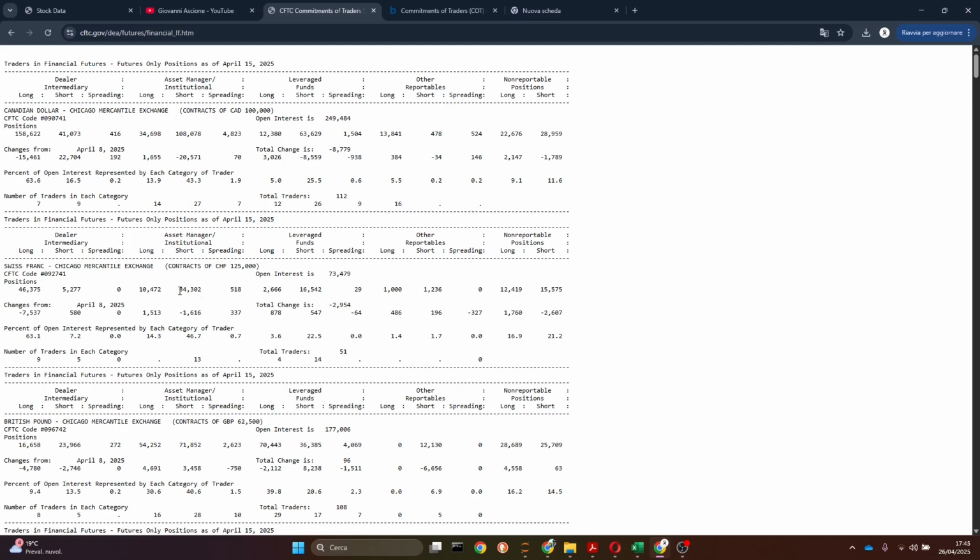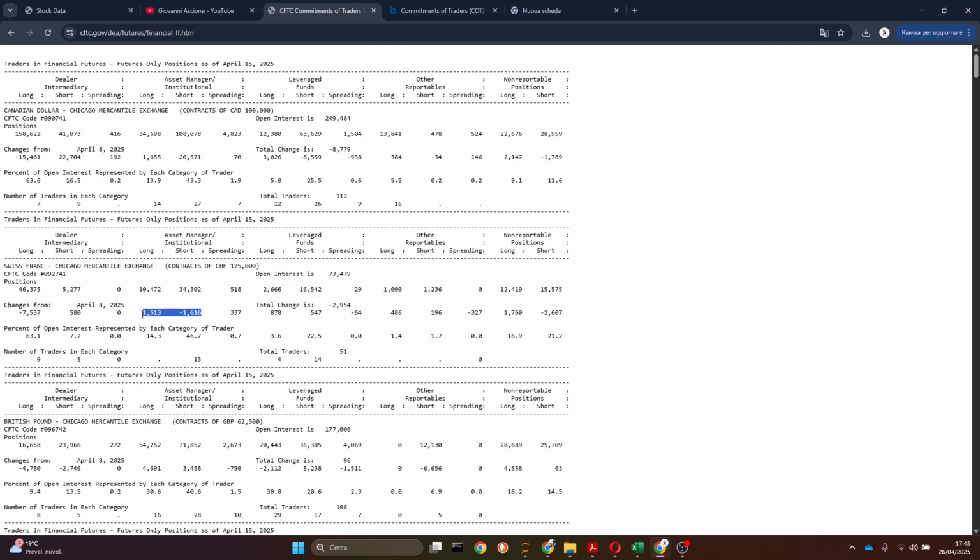Well, I think that the main number, the most important number you have to check weekly, is the change from the previous week. For example, in this particular scenario, in this particular currency, almost 3,000 contracts were closed. And the most important number to watch, in my opinion, are the movements of the asset managers.